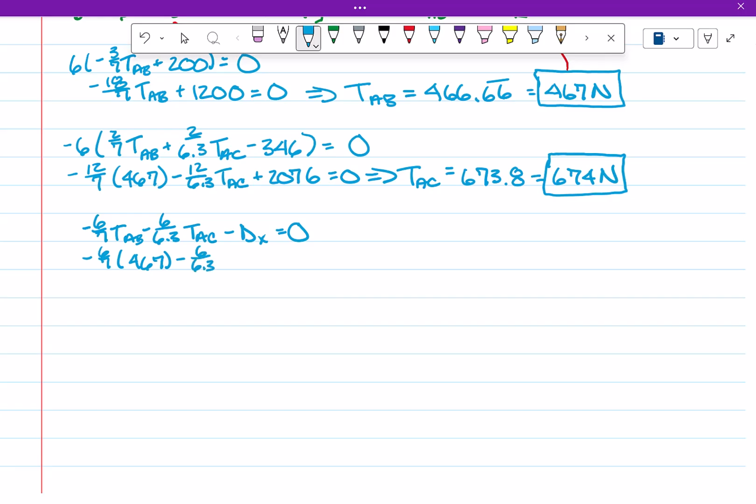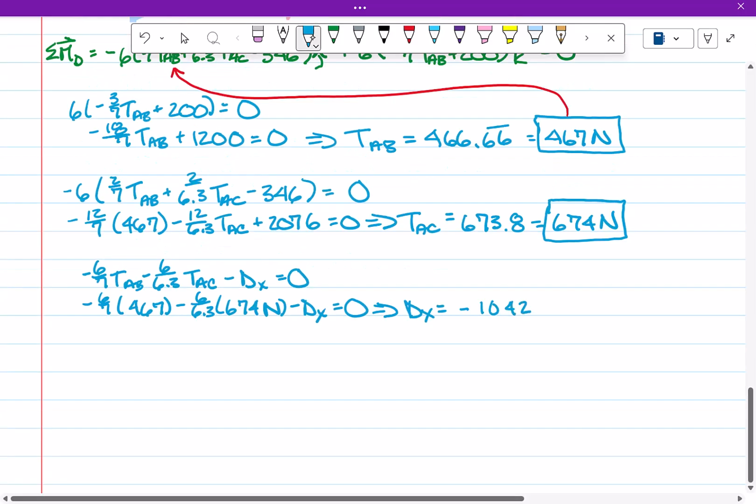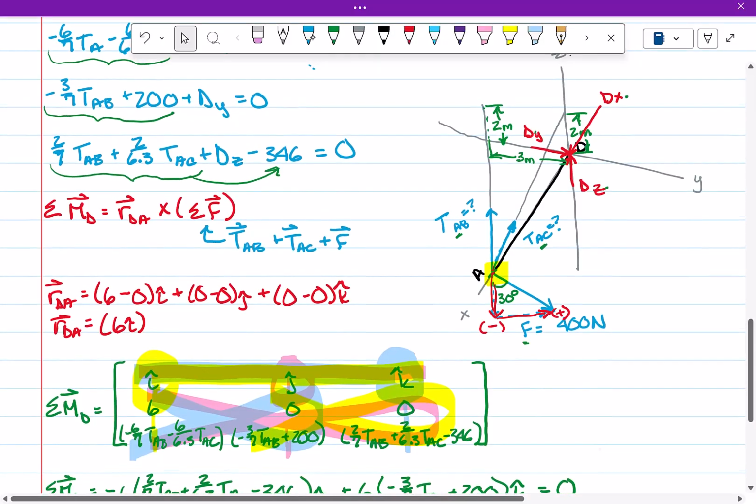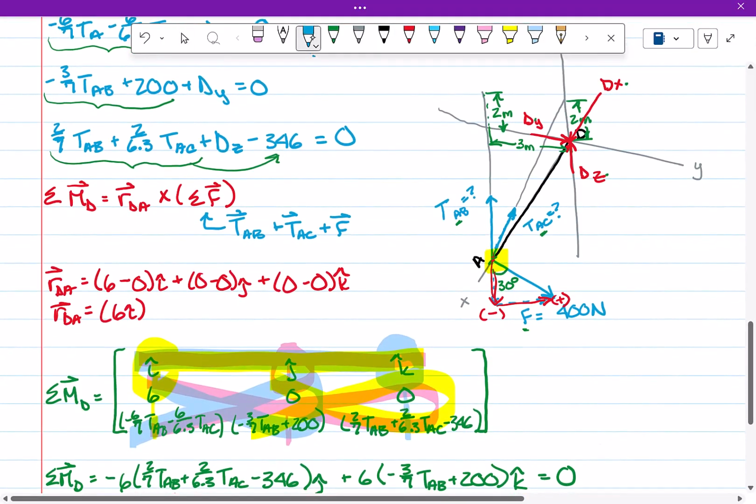And that gives us dx is equal to, I recalculated to make sure, negative 1042 newtons. Which means, even though when I looked at the picture we did assume dx in the positive direction, for some reason I wrote dx in the negative direction.